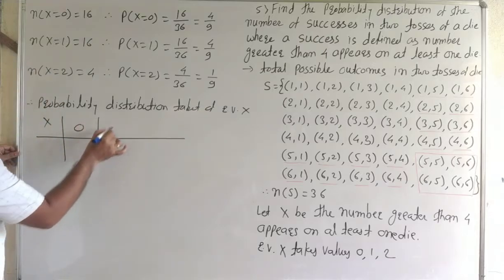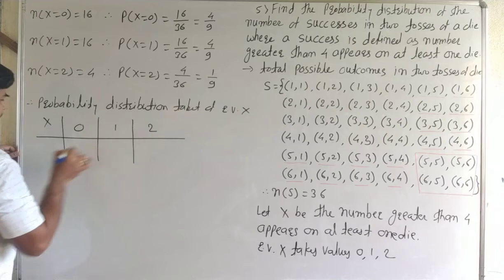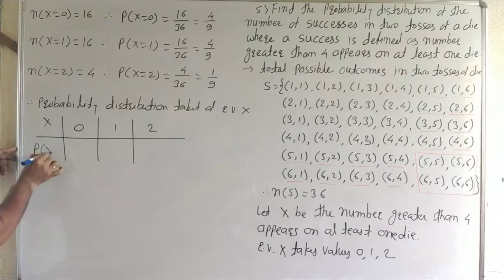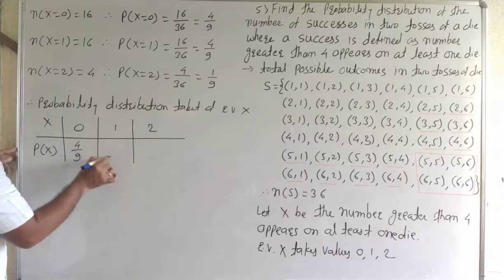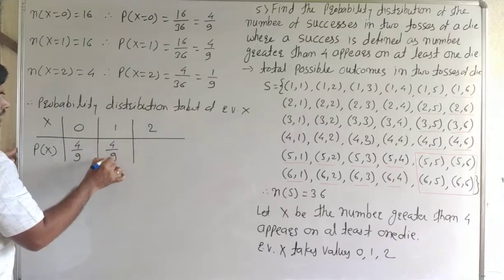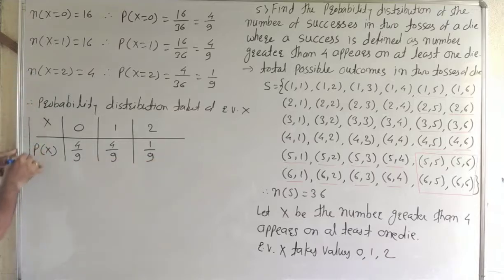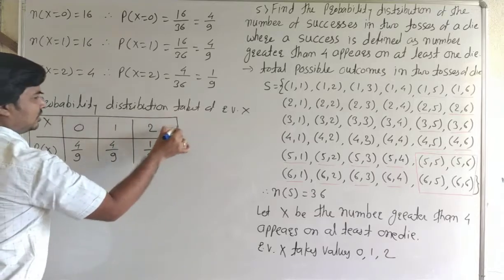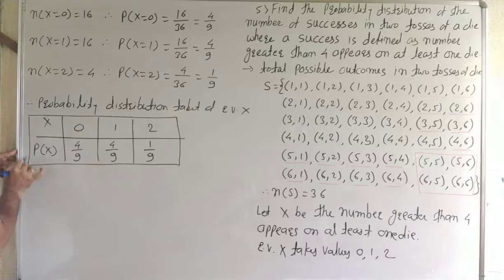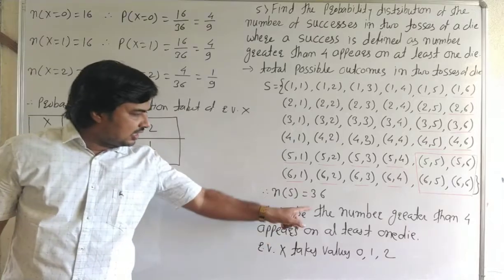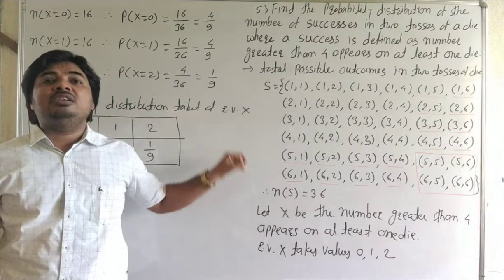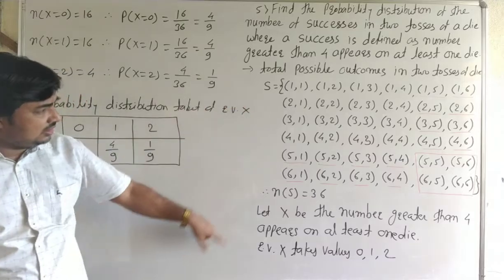X takes values 0, 1, or 2. Probability of X: when X is equal to 0, the probability is 4 by 9. When X is equal to 1, the probability is 4 by 9. And when X is equal to 2, the probability is 1 by 9. And this is the probability distribution table of this random variable X. Okay, see this carefully.